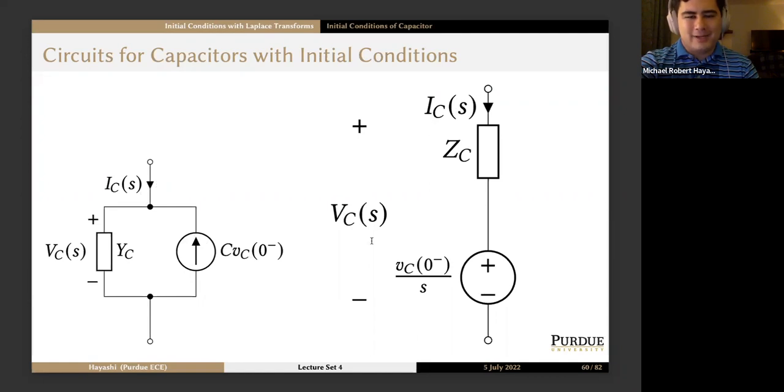And then we have VC of S being defined across both components. Make sure of that. ZC, this generic impedance right here, is represented by a box. Same with the generic admittance. And then we have this voltage working in concert with it. So VC of 0 minus over S is a nice step function voltage.